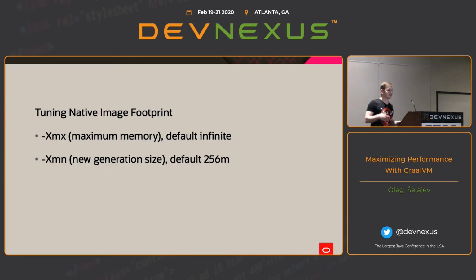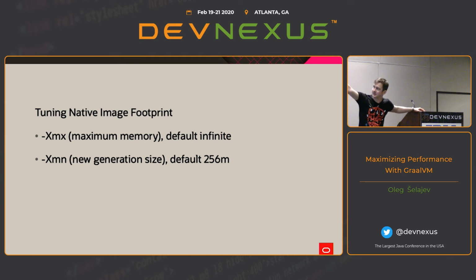You can also tweak some memory usage, which if you run it on your powerful machine, then you will see a little bit different picture. So the max memory heap, the size of the heap that it uses by default, is not limited. So if you run it on a beefy machine, you will also see that it takes 400 megabytes or something, because you're just not constraining that enough.